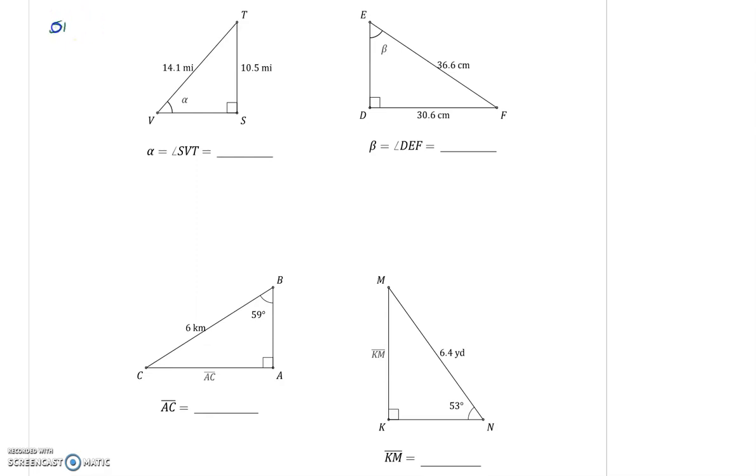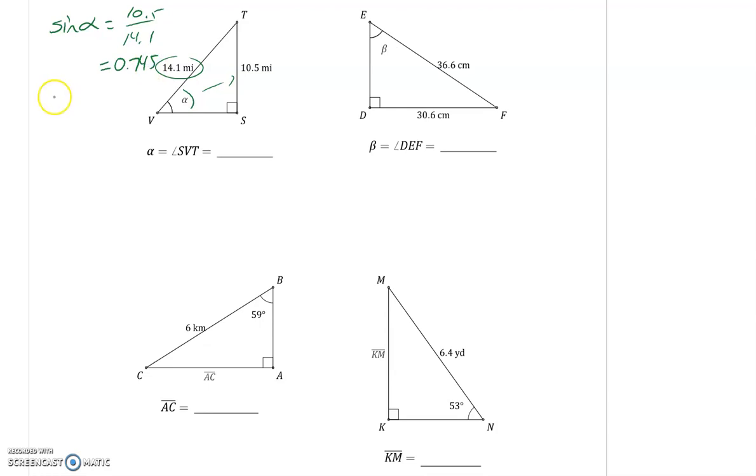I've got sine of alpha is going to be the opposite, which is 10.5. There's my angle there. That's the opposite side, divided by the hypotenuse, which of course is always the longest side. So I've got 10.5 divided by 14.1, and I've got around 0.745 or so.